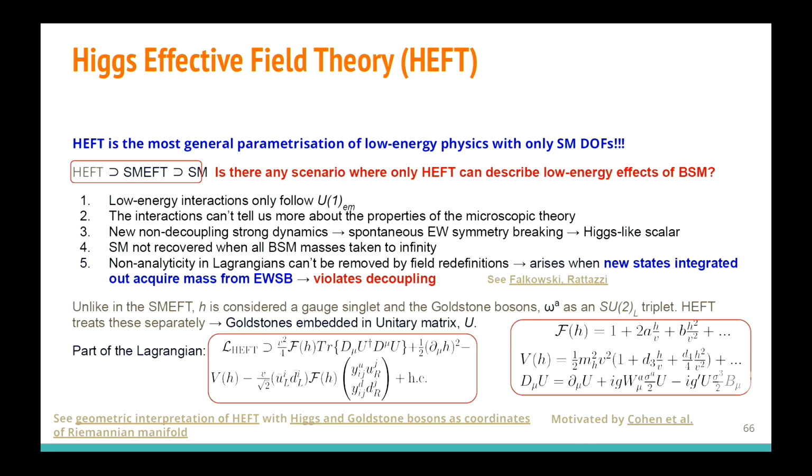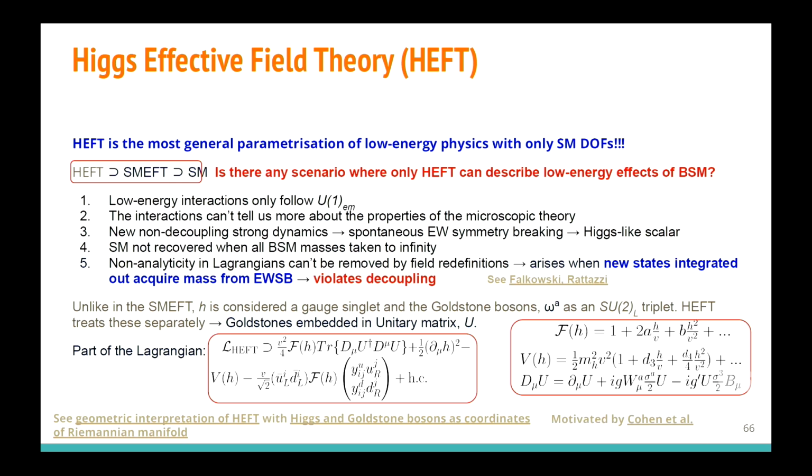So in the standard model EFT, what we learnt is that the Higgs is just like the standard model Higgs. So it is an SU2 doublet. However, in this case, the H is not an SU2 doublet, and to have all kind of generality and to give it all freedom, it's considered a gauge singlet. And the Goldstone bosons omega A, they are required to form an SU2L triplet.